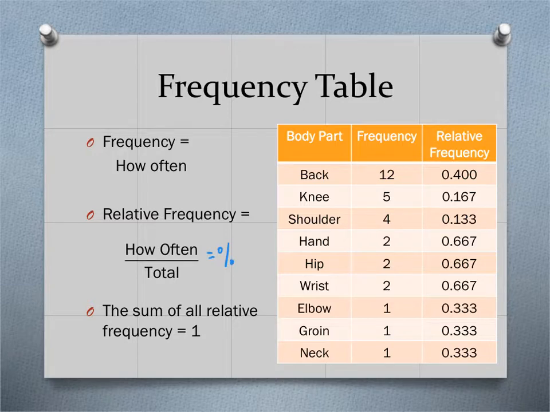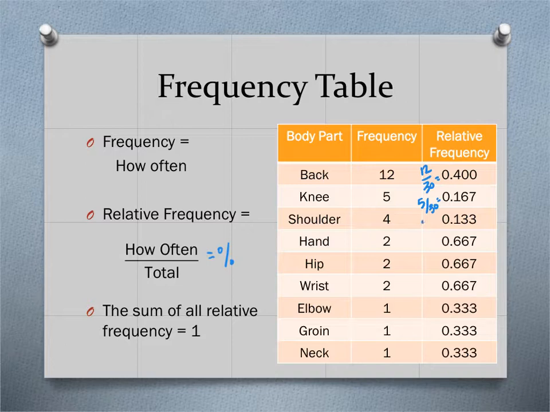If you add up all these relative frequencies, here's how we calculate this first one, for instance. This 40% or 0.4 was found by there's 30 different body parts in there. We do 12 divided by 30. That equals 0.4. If you do 5 divided by 30, that equals 0.167.